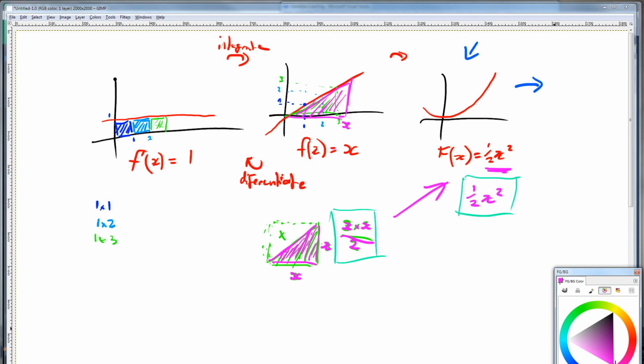Okay, so let me just finish off that last thought in slightly more detail. Here's x, here's x, and what you'll find is that this value here, when you chart it up here, is going to be half x squared. So the idea is we have this area under the graph, and then we're going to integrate up and get this graph here.